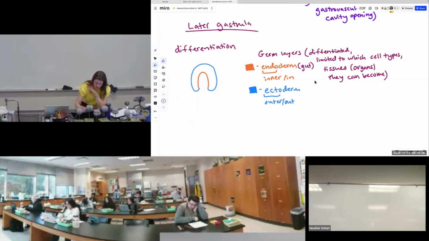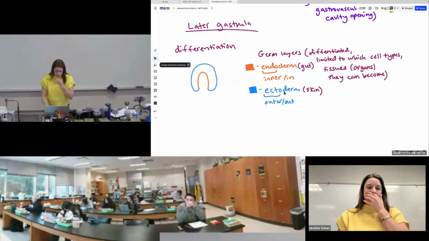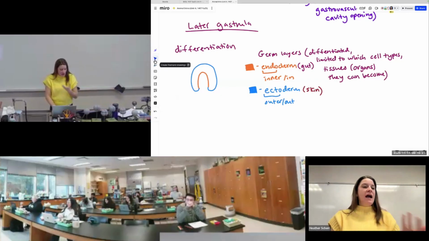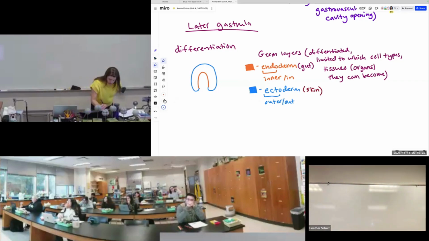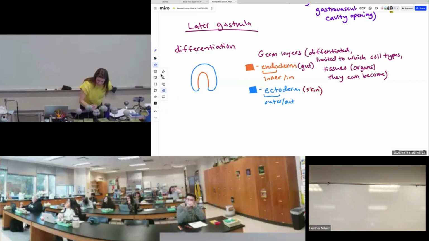The ectoderm, let's just know it turns into the skin, and also the central nervous system. We should know that one too. So it's turning into the skin, turning into the central nervous system.